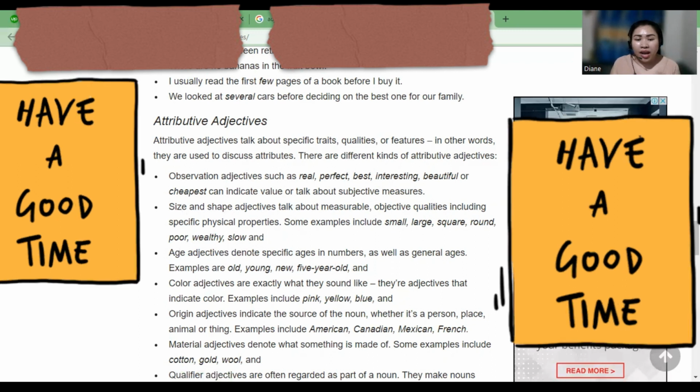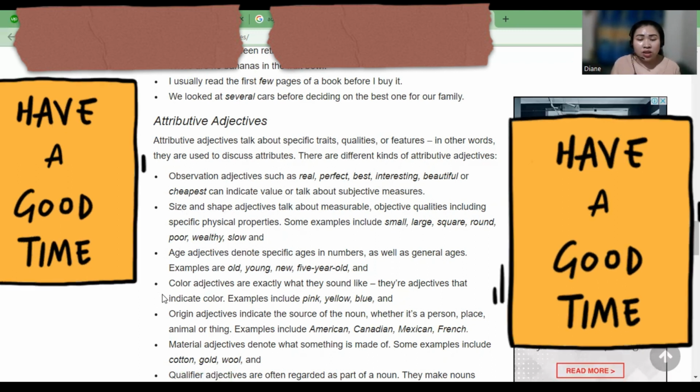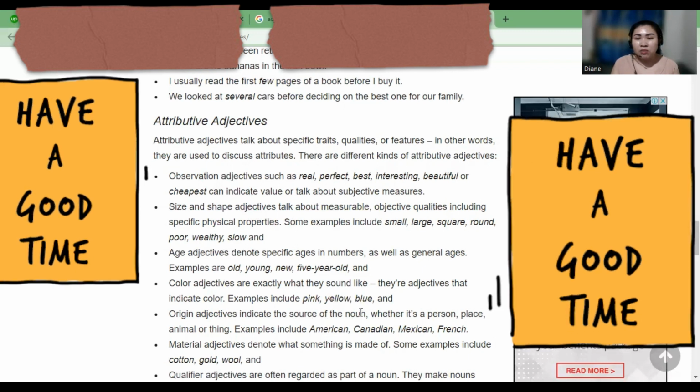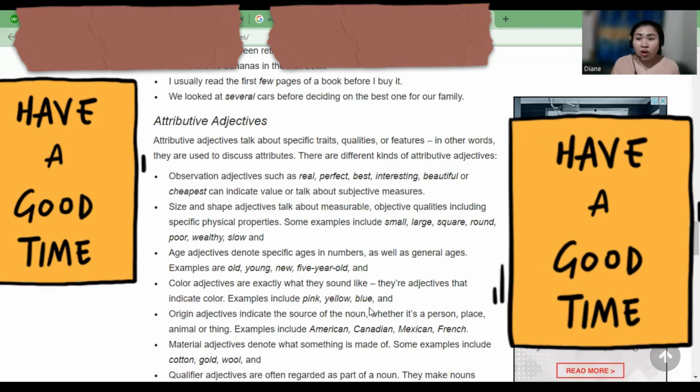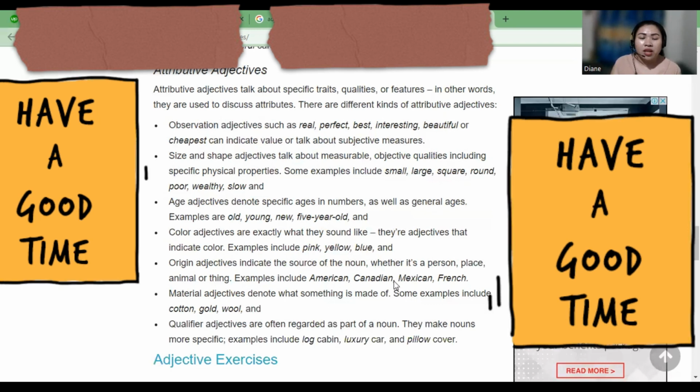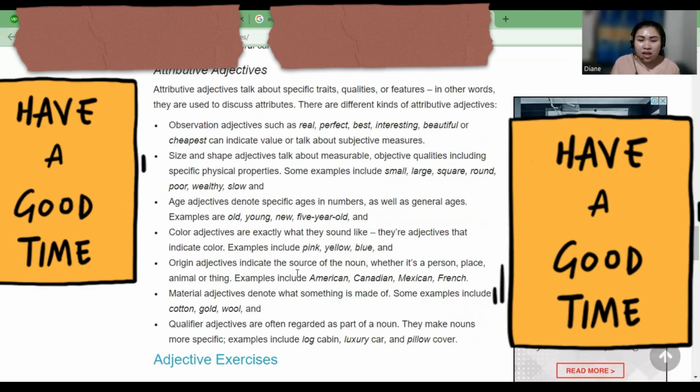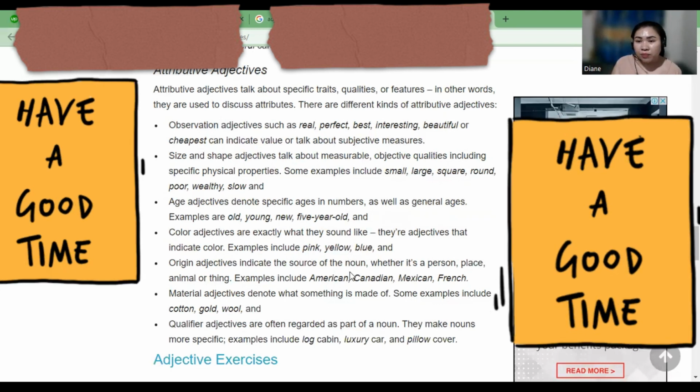Color adjectives are exactly what they sound like. Examples here: pink, yellow, blue, red, and many more colors. Origin adjectives indicate the source of the noun.